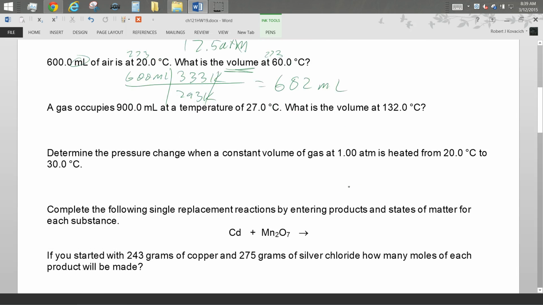All right, so I've got the same situation here going on, right? Milliliters going into a temperature. The temperature goes up, so 273 and 273, so 900 milliliters. And then I've got 403 and 300.